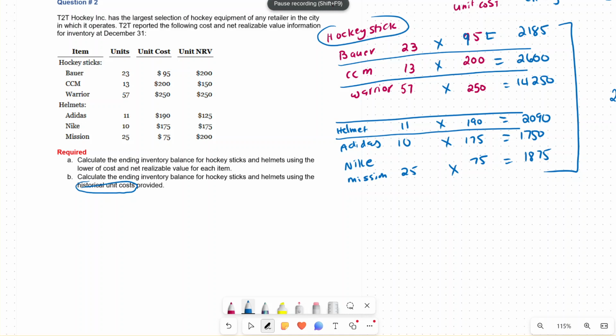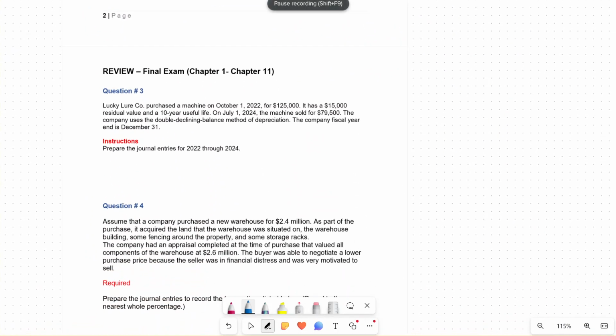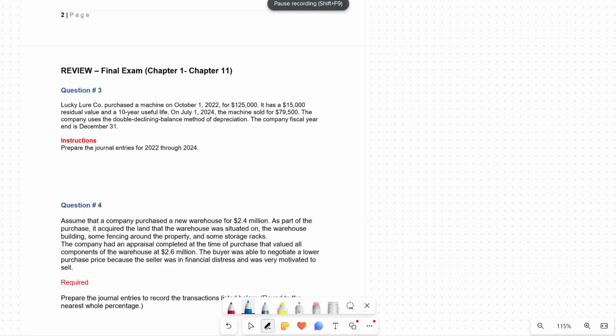Then going further, my next topic is depreciation methods. There are different types of depreciation methods. We talked about straight line, double declining, and units of production. It is fair to be asked any one of those methods.